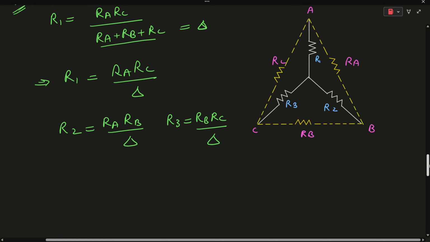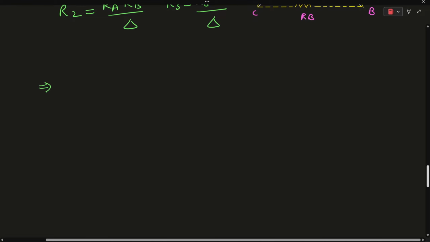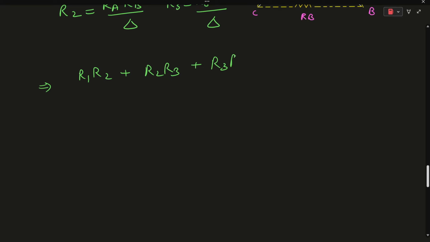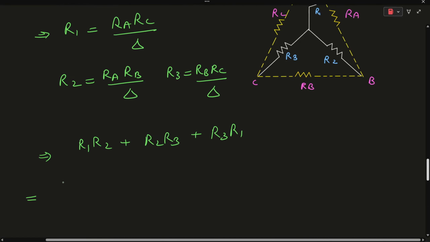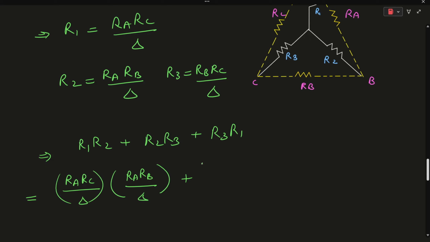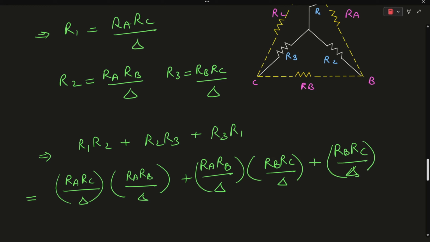So the value of R1R2 plus R2R3 plus R3R1 will be equal to RARC upon delta into RARB upon delta, plus RARB upon delta into RBRC upon delta, plus RBRC upon delta into RARC upon delta.